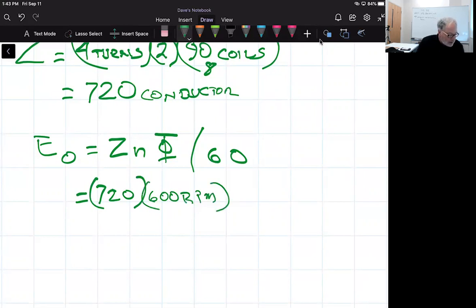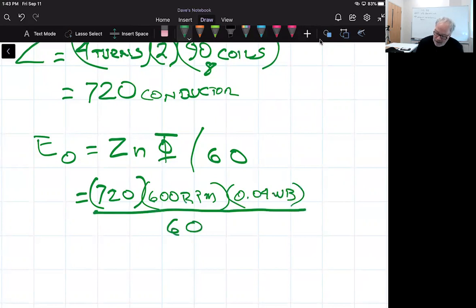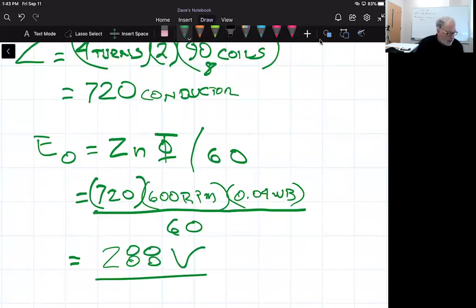And the flux density per pole would always be given to us, because that measure is not easily taken. And we divide everything by 60. So we punch this into our calculator, multiply it out, and what we come out with is that the generated voltage between the brushes would be 288 volts. That's at no load, and that assumes that the brushes are at neutral.